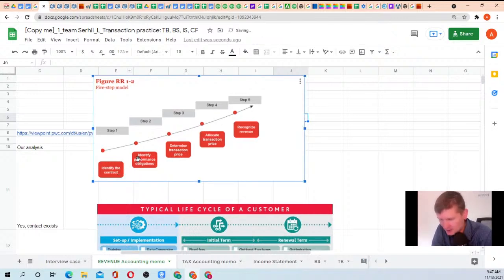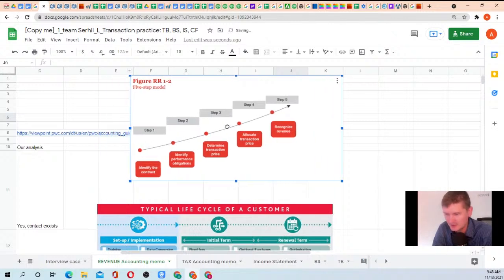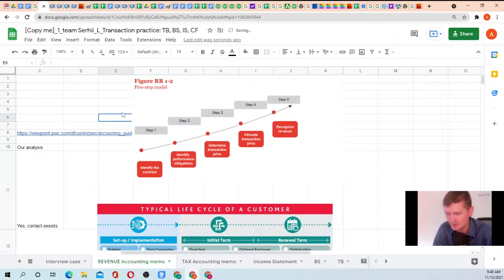Identify the contract, identify performance obligations, determine transaction price, allocate transaction price, recognize revenue. These steps are very generic, very general, and in most day-to-day business activities you probably won't even need to apply all of that, because everything will be very straightforward.